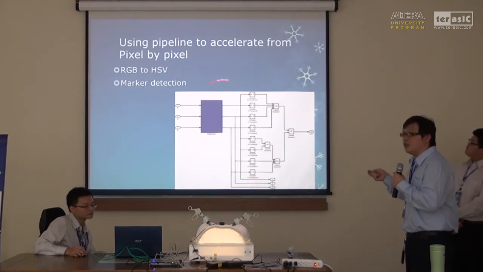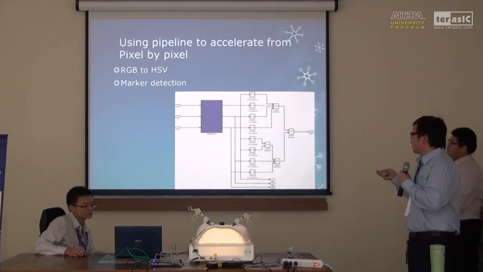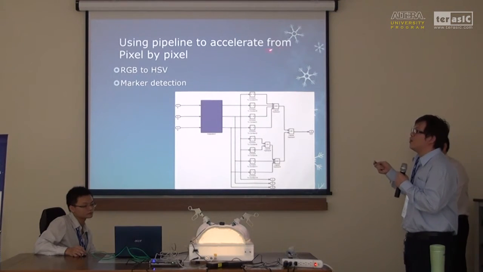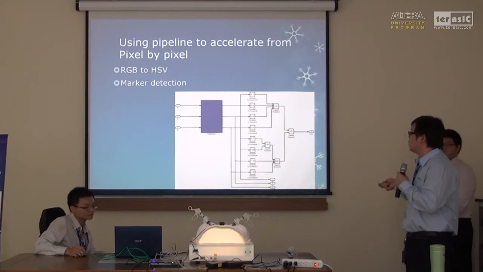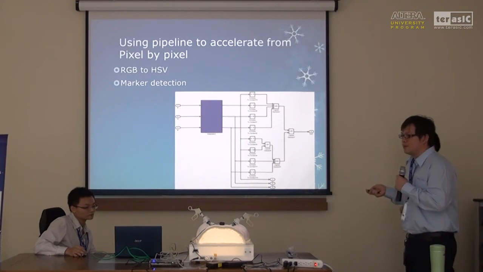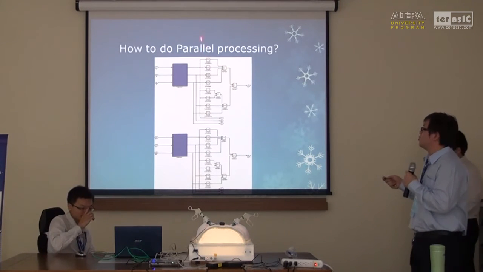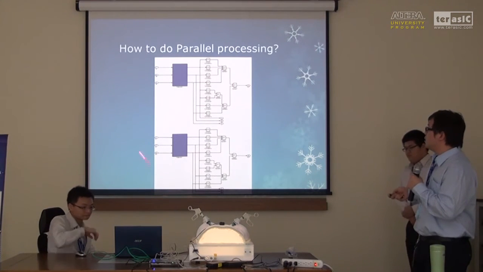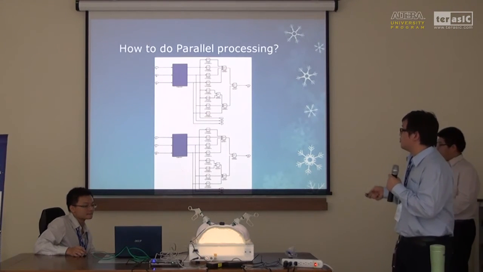So we can do it at the same time: convert one pixel, then calculate, and then compare this data. And then the next pixel can be converted here, and the previous pixel can be found out here. And because we have two cameras, we need to have two converting parts in our system. So we do it at the same time.